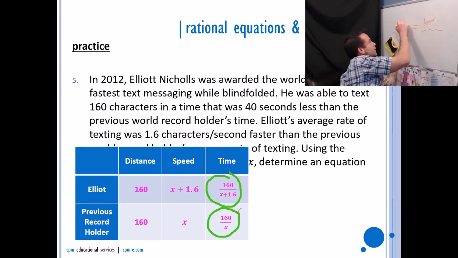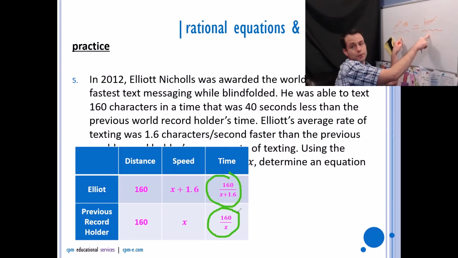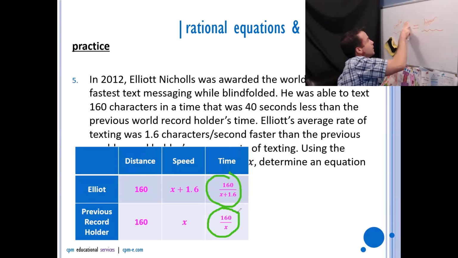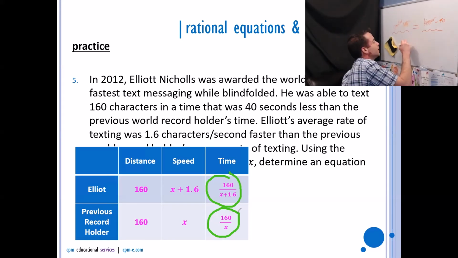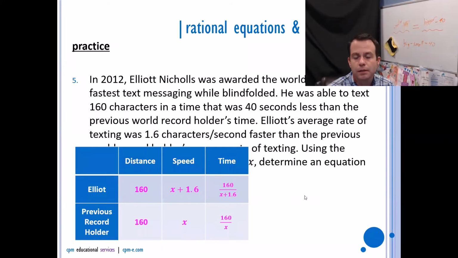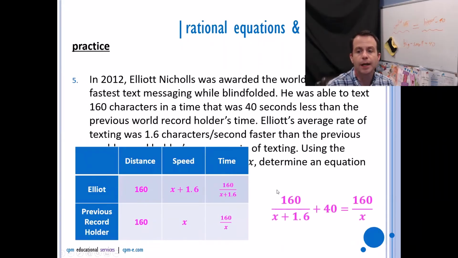Either you add the 40 here, so now they're equal to each other, or you subtract the 40 here, so now they're equal to each other. Or you could go big minus small equals 40. All of those would work for you. What I chose to do is the smaller plus 40 equals the bigger, okay?